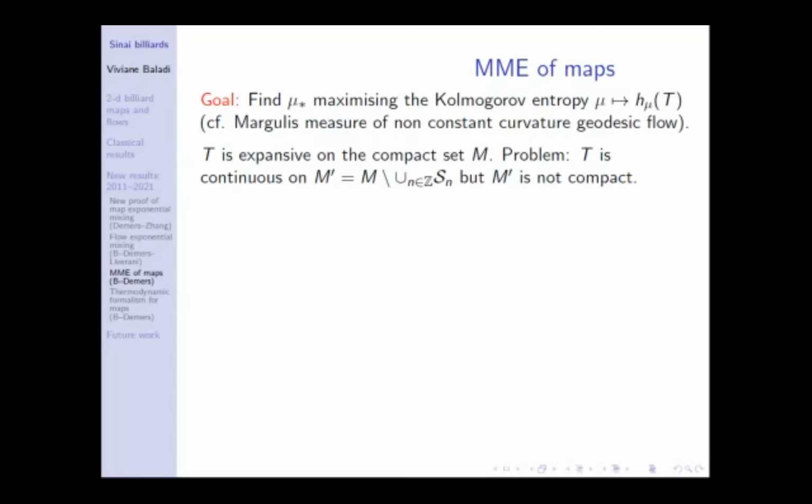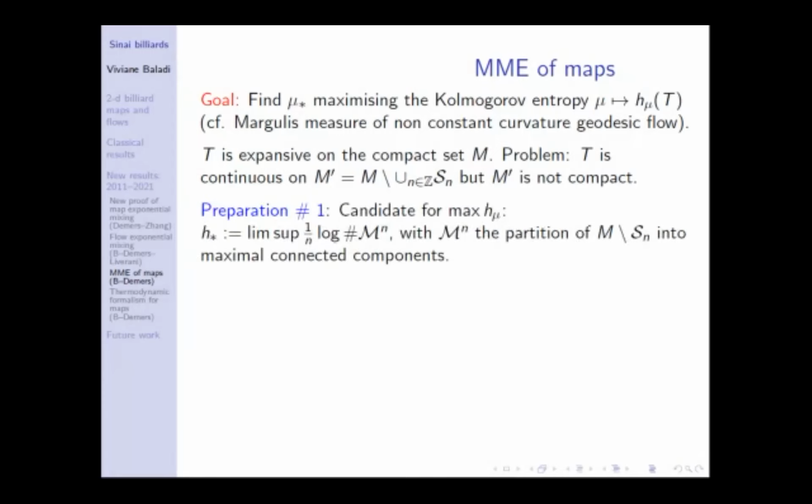So either you have a continuous map on a subset which is not compact, or you have a discontinuous map on a compact set. In any case, it doesn't fit in the usual framework, which allows you to say, oh, the Kolmogorov entropy is upper semi-continuous, so you have a maximum. So you cannot do that.